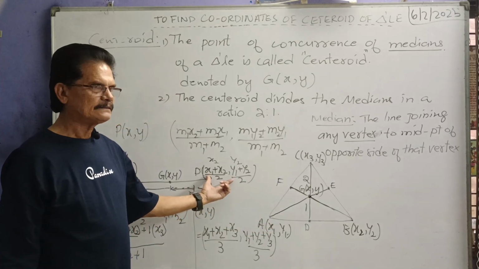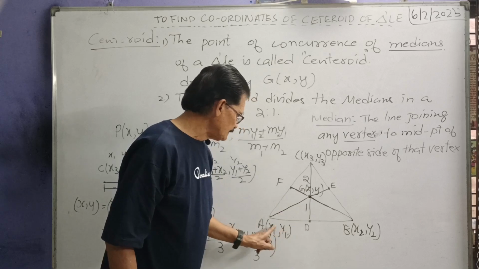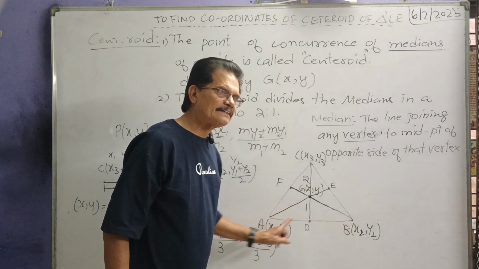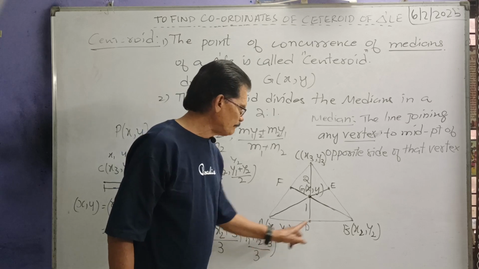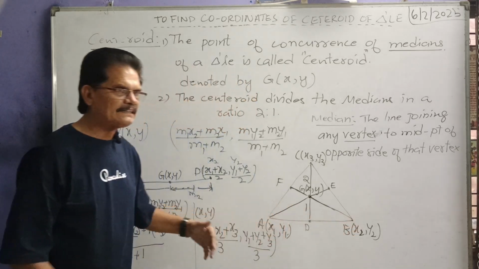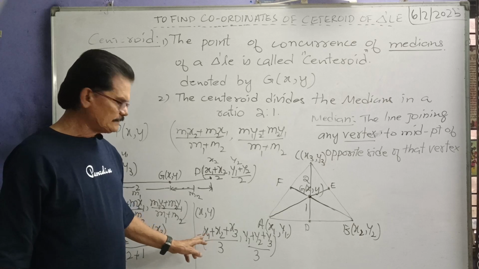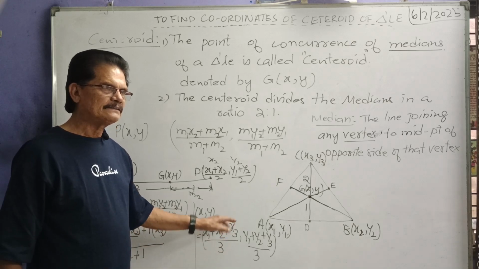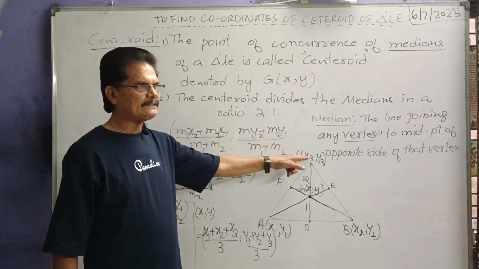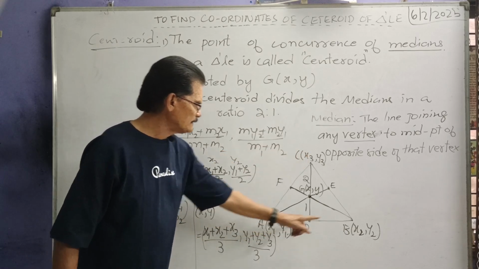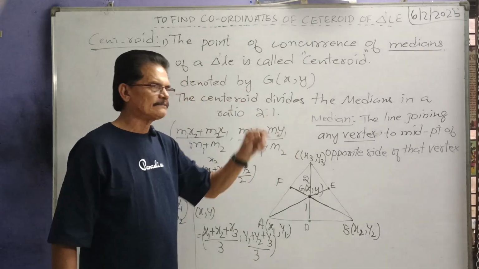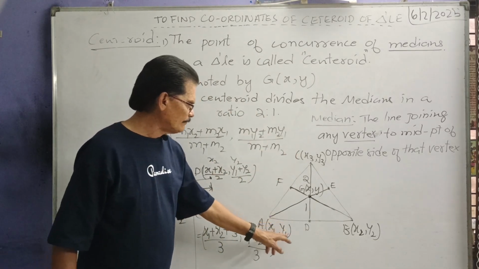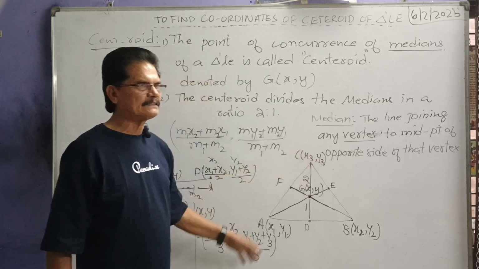Midpoint is x1 plus x2 by 2, y1 plus y2 by 2. Just a little extension: x1 plus x2 plus x3 by 3, and y1 plus y2 plus y3 by 3.